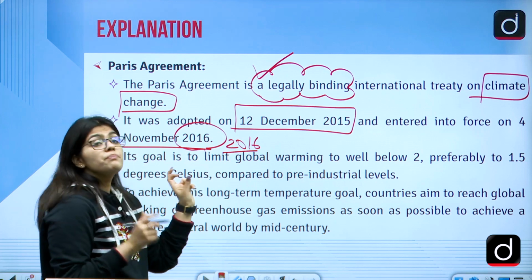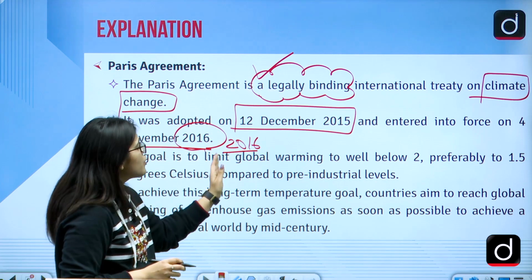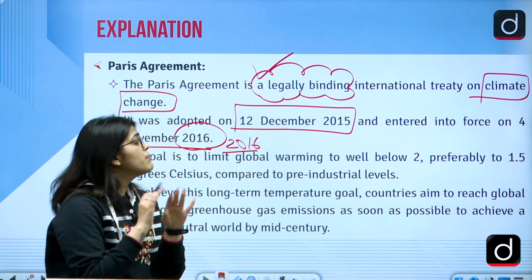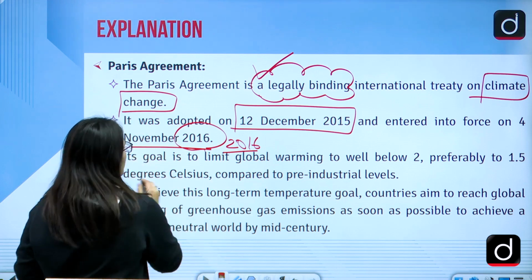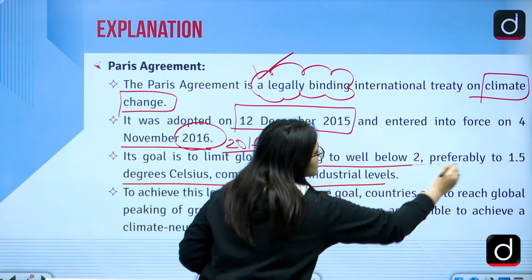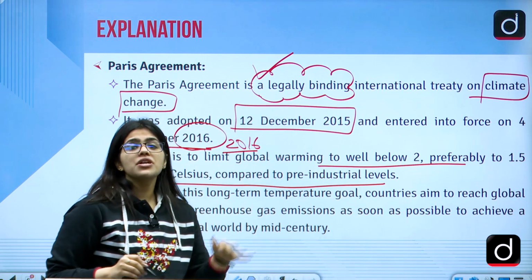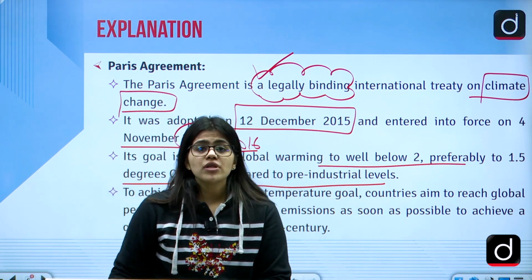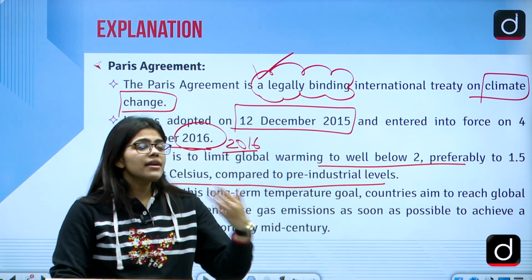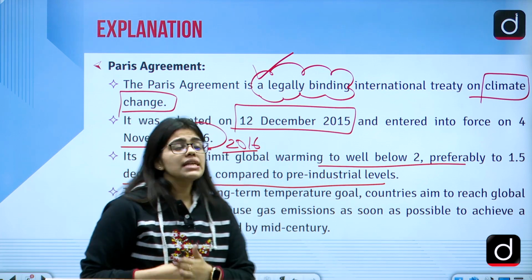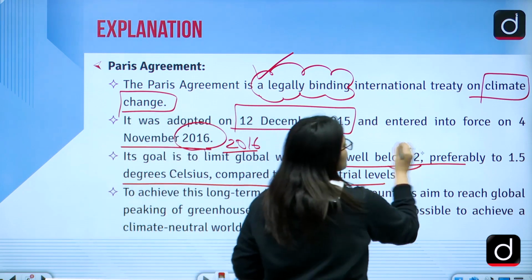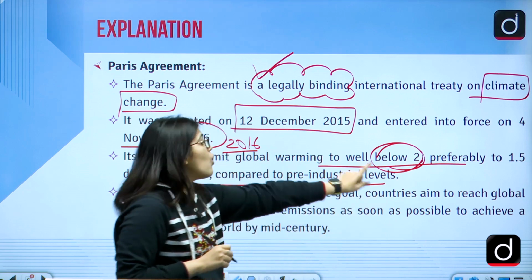Its basic goal is that the limit of global warming should be below 2 degrees Celsius, and preferably it should be 1.5 degrees Celsius as compared to pre-industrial levels. As compared to pre-industrial levels, our temperature was rising. It was about 3 or even more than 3 degrees Celsius, but they said it should be below 2, and these are all your PYQs.